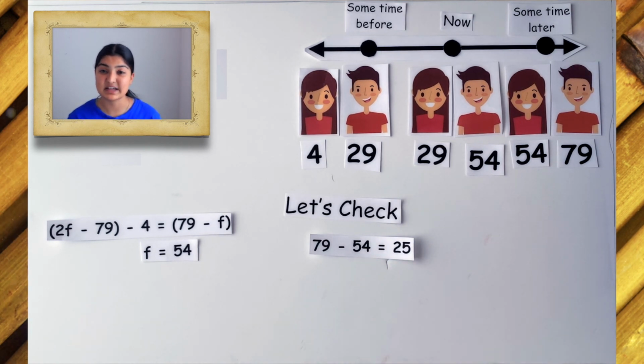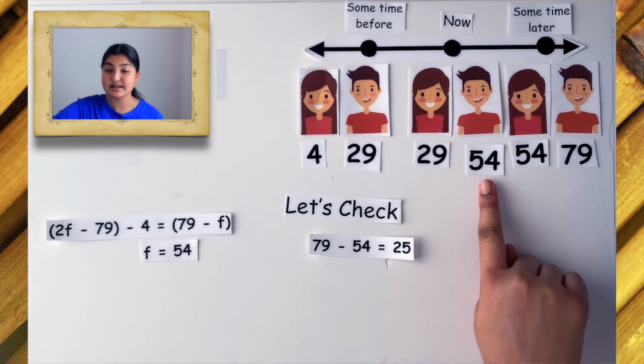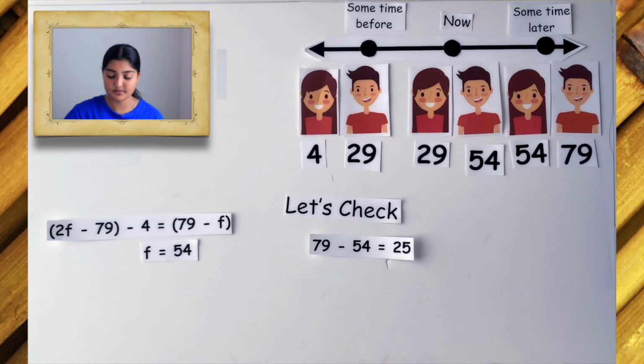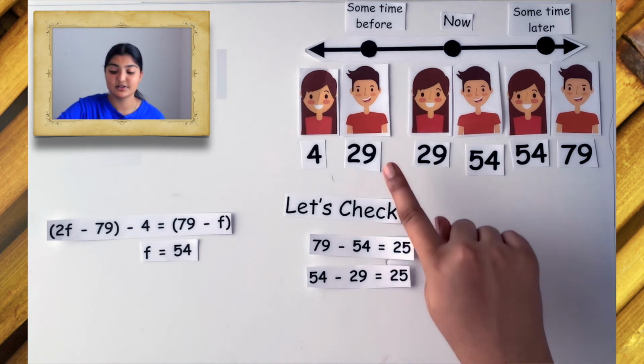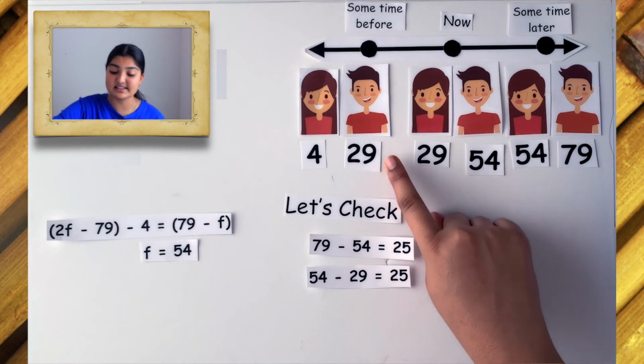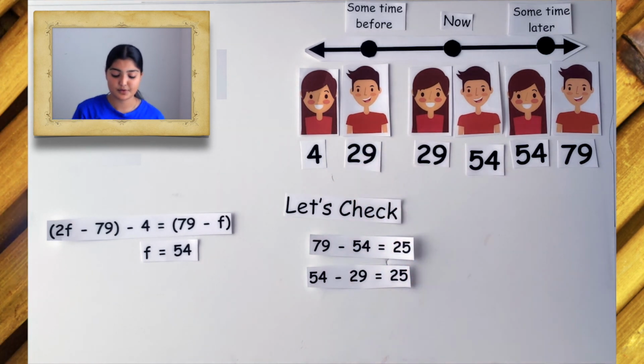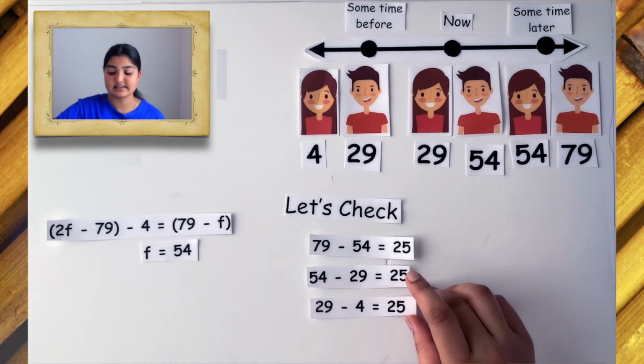Now what about their ages now? We can find the difference by doing 54 minus 29, which is also 25. And finally, for the difference in their ages sometime before, which we can find through the expression 29 minus 4, which is also equal to 25.